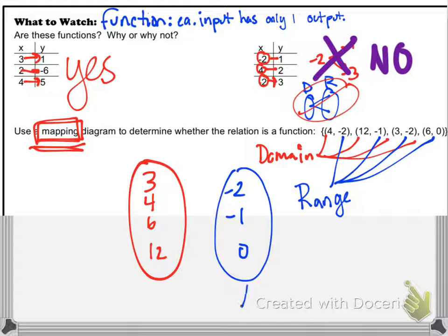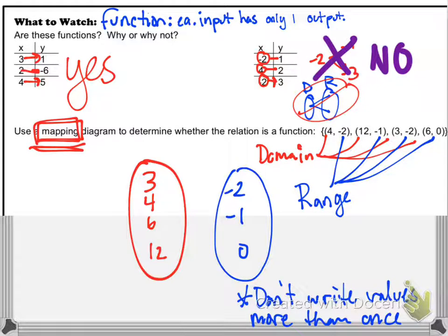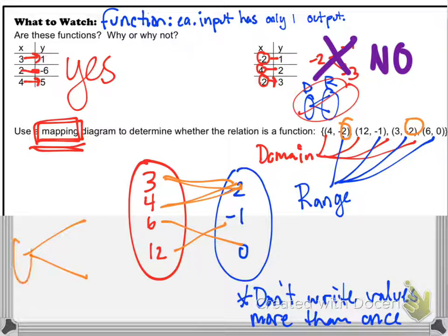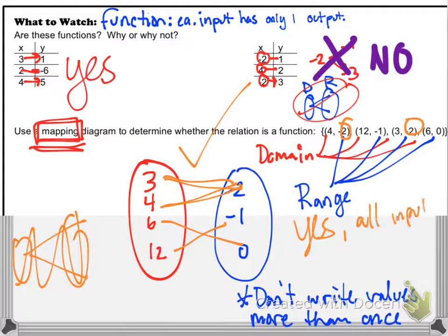Now, based on the ordered pairs, we will draw the lines. And we never write values twice. So even though there is a -2 here and a -2 here, we don't write it a second time. We just write it once, and we'll draw the two arrows going to it. So that would be a mapping. And based on this mapping, there's no split from the domain to the range, so it is a function.